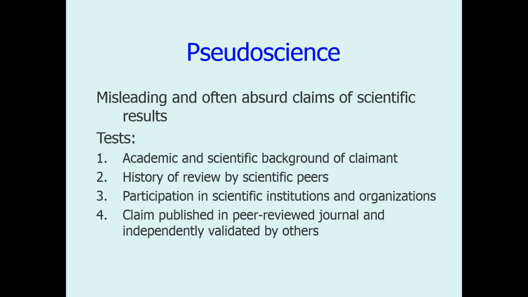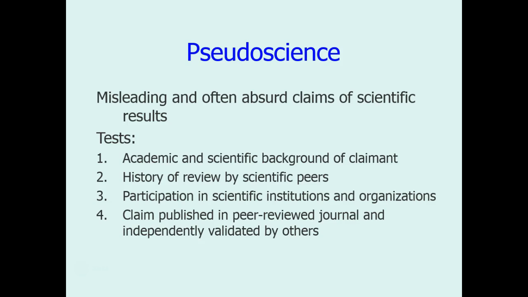Participation in scientific institutions and organizations. Well, that's kind of like this one. In other words, do they go to professional meetings? Do they present the results there, where they get questioned by their peers? Are they members of some significant university, national laboratory, something like this, or do they have affiliations with them? And then this one's a lot like this one.